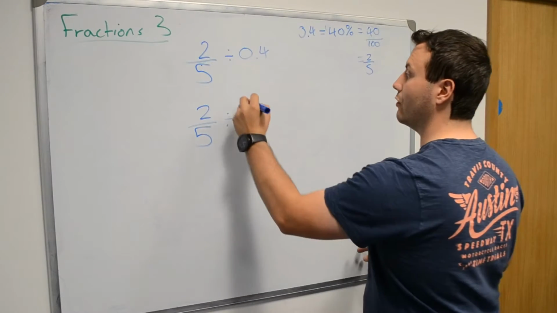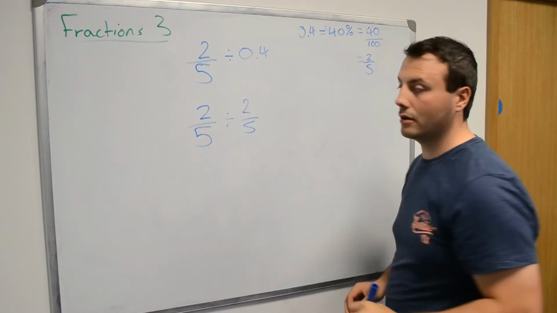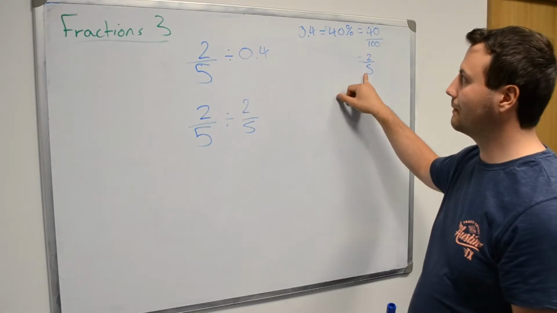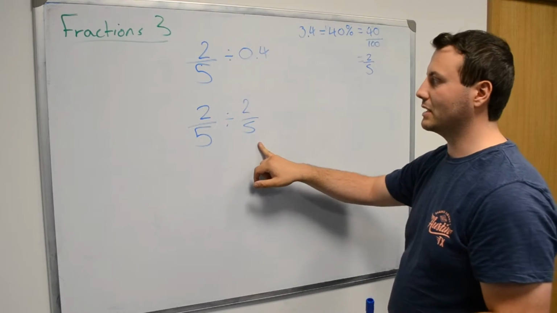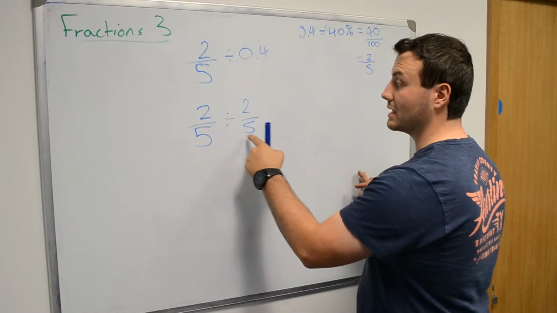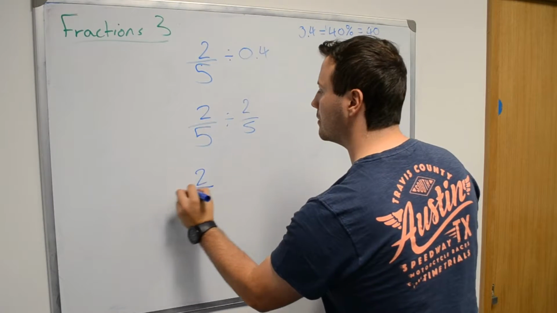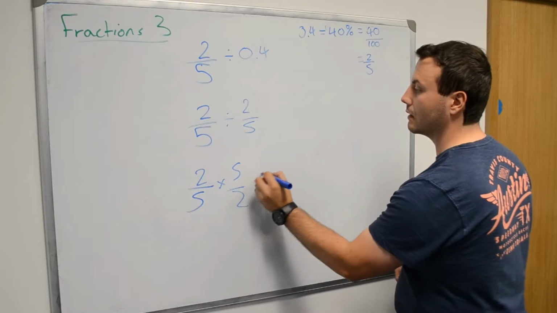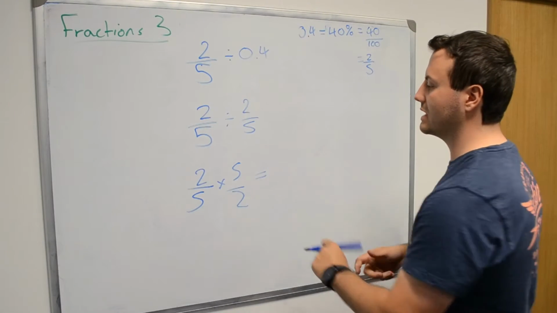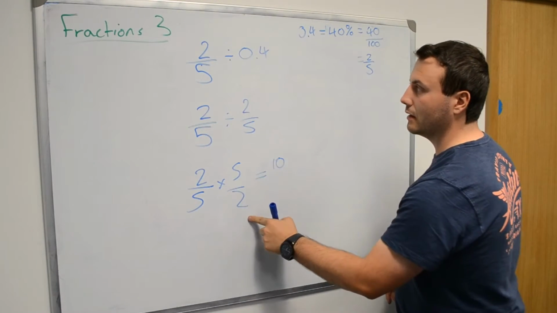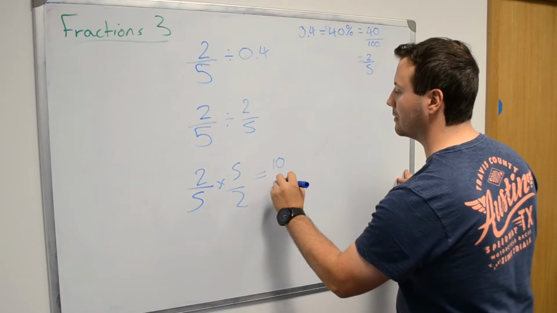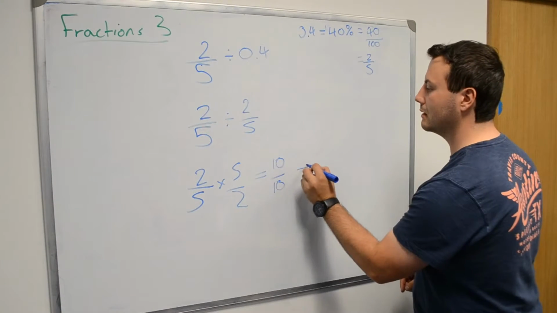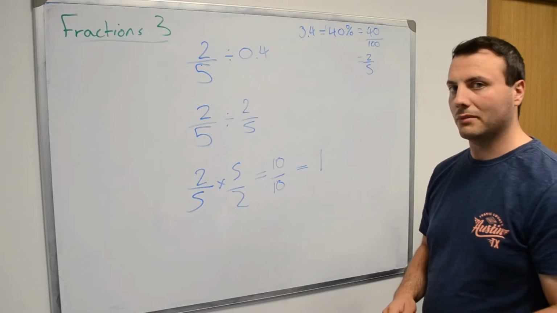Instead, replace the 0.4 with the 2/5 we worked out from here. And now it's 2/5 divided by 2/5. So flip the second fraction, then multiply. 2 times 5 is 10. 5 times 2 is 10. 10 over 10, just the number 1.